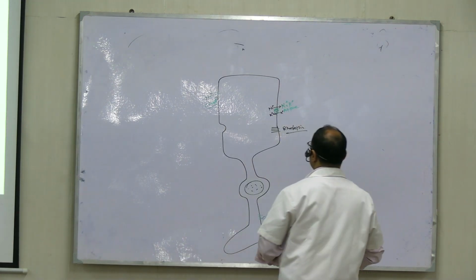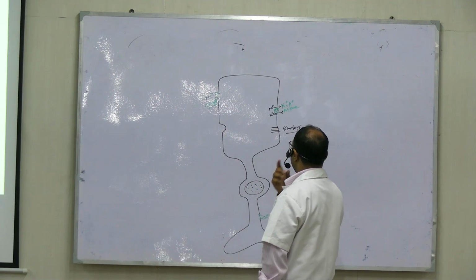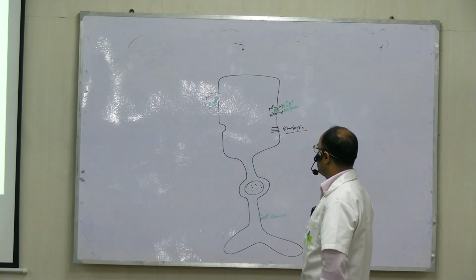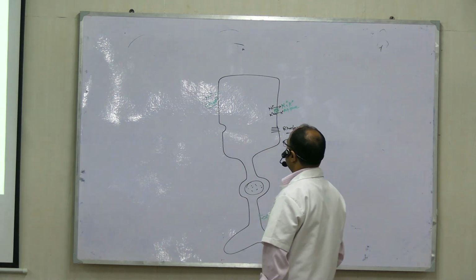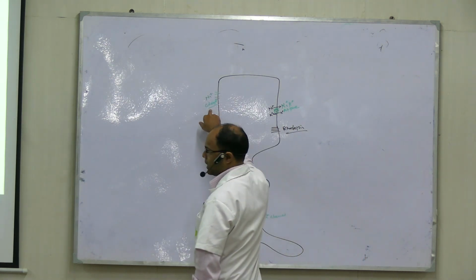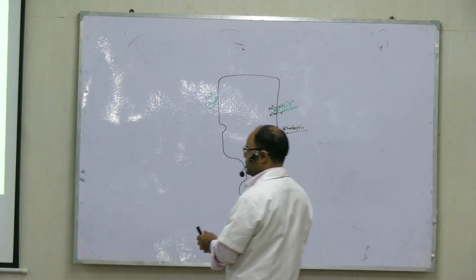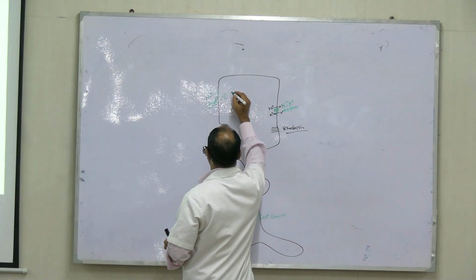Sodium potassium ATPase is constantly throwing sodium ions from inside to outside and taking potassium ions inside. Here we have some sodium channels. Sodium channels are nothing but cGMP, cyclic GMP gated.